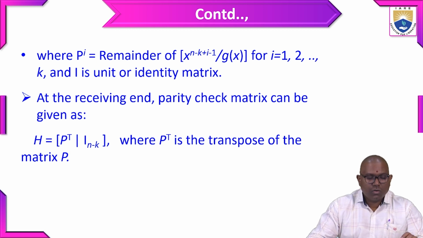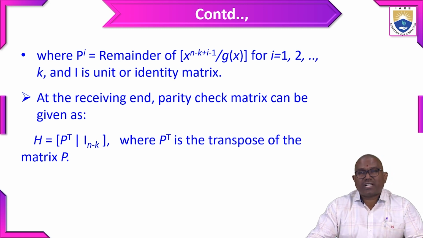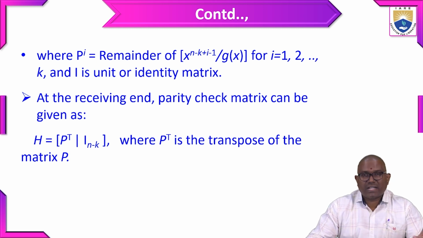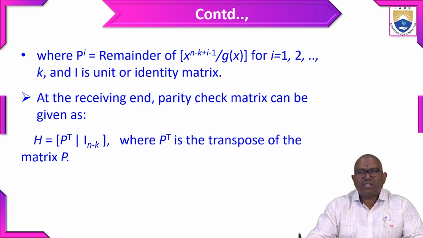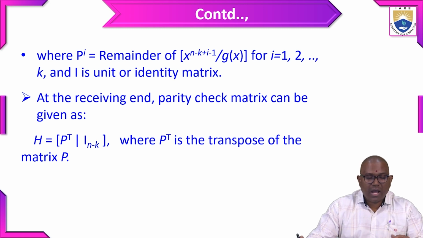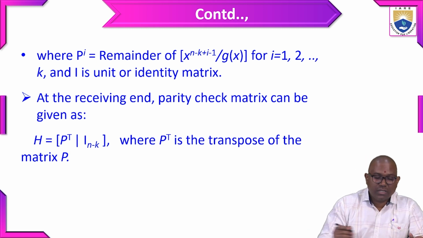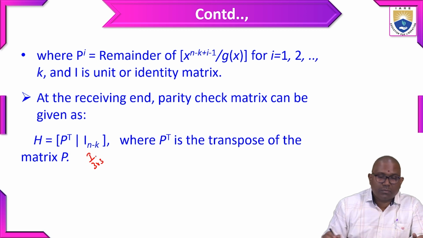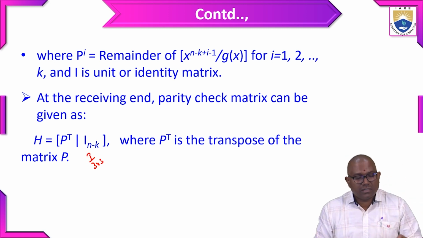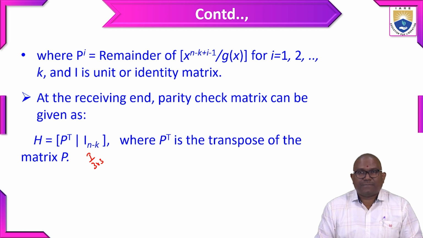How can you generate this parity check matrix? Simply P transpose, which means the transpose of the matrix P, the coefficient matrix, and I n minus k. For example, n is 7 and k equal to 4, so the identity matrix size is 3 by 3.